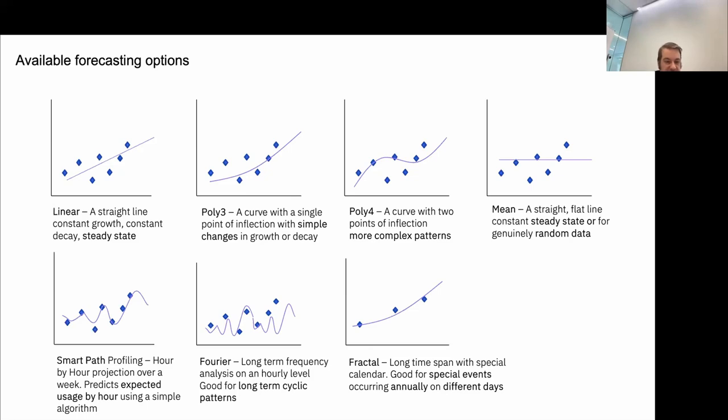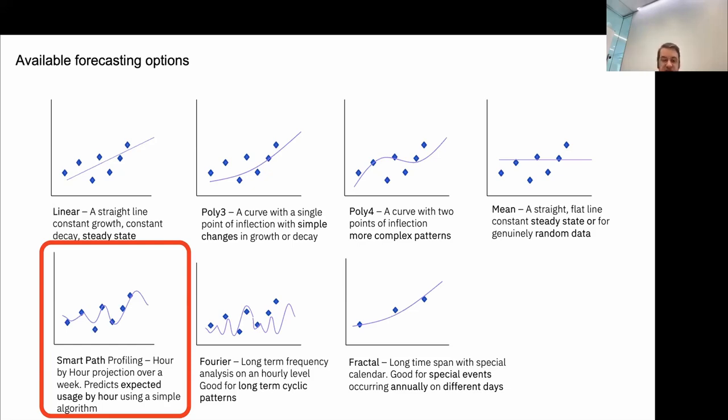The next algorithm I'm going to talk about is what we call our smart path profiling. We apply this on a couple of reports in order to build up a special profile of, in this case, CPU utilization over the entire week, and we do that on an hour-by-hour basis. It allows us to understand the expected behavior for that hour across the week.